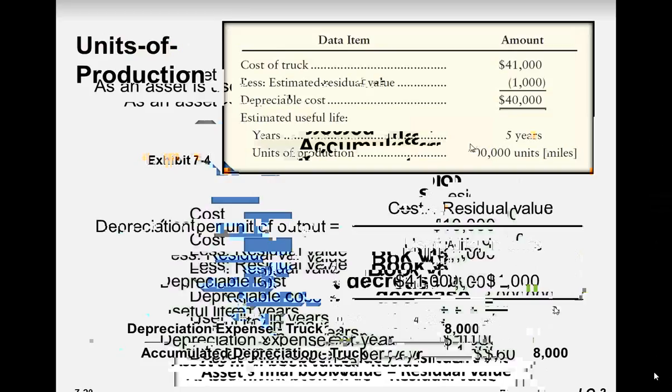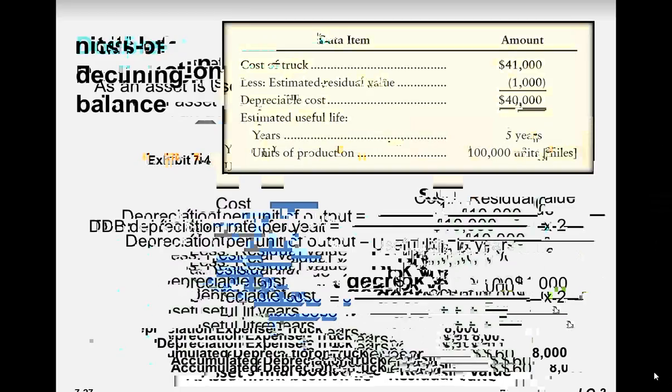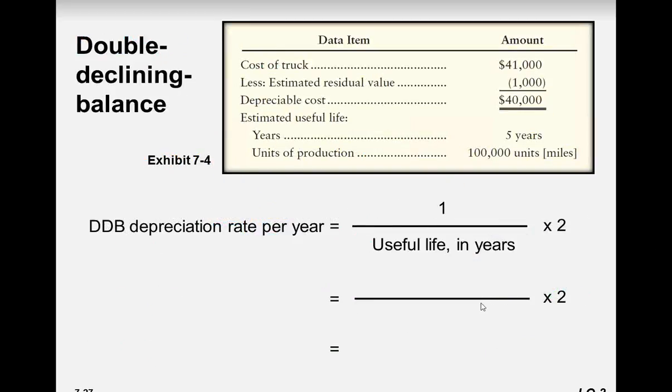That sounds like a bunch of garbage if you've never done it, but it's not that hard, but there's a couple of things you have to remember. To get twice the straight line rate, it's 1 divided by the useful life in years. In our example here, that was a 5-year life. 1, and what this 1 represents is 100%.